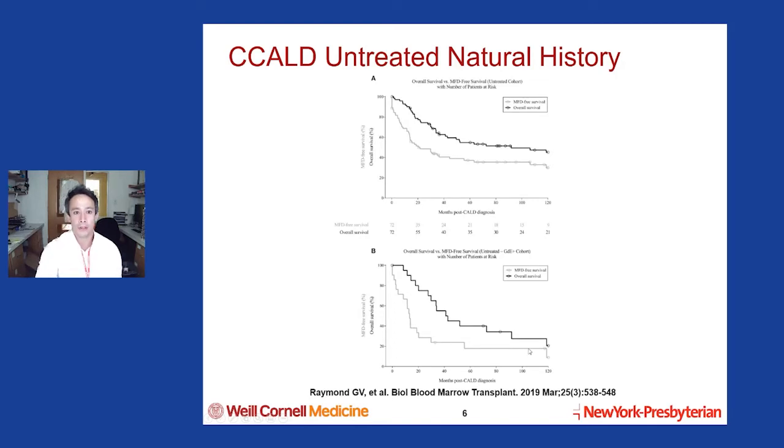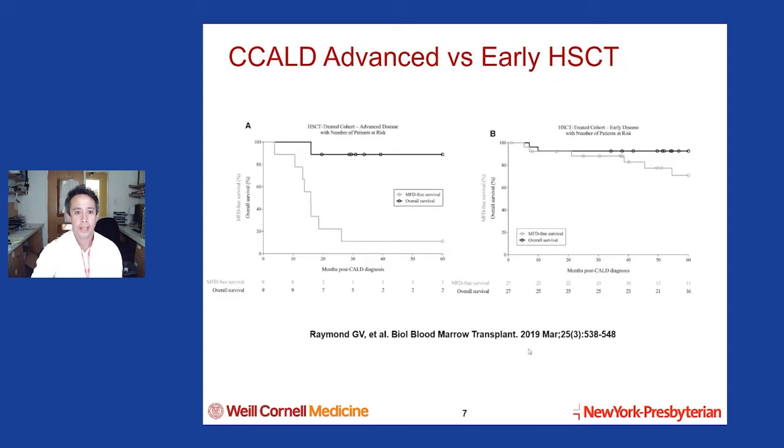So what we've learned in terms of doing hematopoietic stem cell transplant, if you look at the patients who were treated with advanced disease, and that's defined as patients with really more than one major functional disability or neurologic symptom. If you treat a symptomatic patient with childhood cerebral ALD with stem cell transplant, this dark line on the left here, patients will survive.